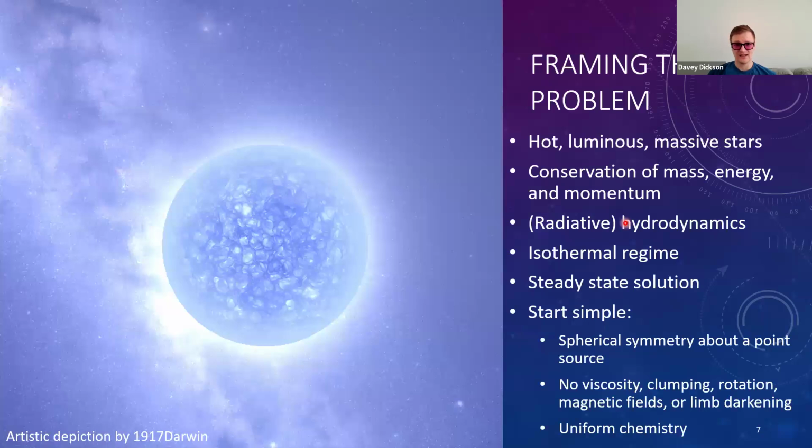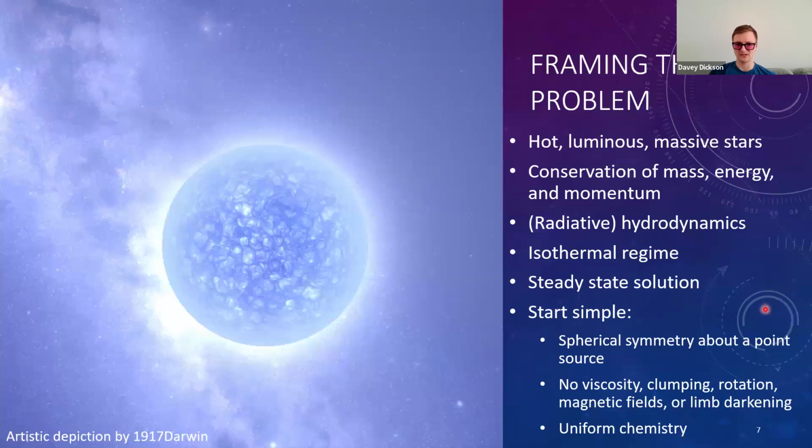We're looking at the most hot, luminous, massive stars. So predominantly talking about O stars, but this also applies to several other types of stars in the same sort of regime. Of course, we want to maintain our conservation laws. As I stated before, we're not hydrostatic anymore, so we're going to have to consider a radiative hydrodynamic approach. And we're going to generally start simple.